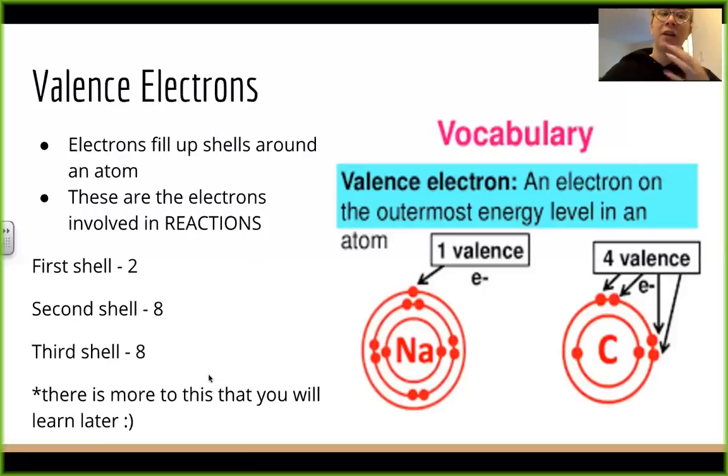Really, valence electrons are the electrons that are involved in reactions. They're the reason that reactions happen. Noble gases, their valence electrons are always 8. They're always full. They have a complete set of electrons, which is why they're not reactive. They don't need electrons. They don't care. They don't want to interact with anyone else.